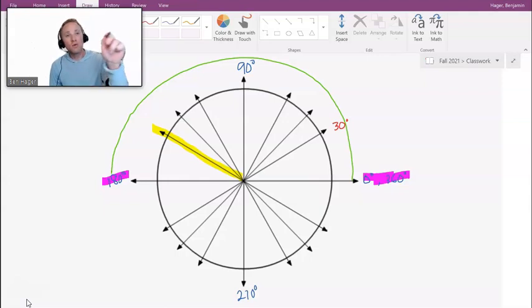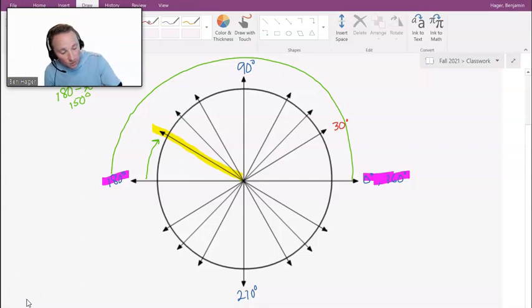So here if I go all the way to 180, I've overshot my target, haven't I? I've gone too far. So I have to give back that 30-degree reference angle. And so if we were to take 180 degrees and give back the 30 degrees I overshot, I get 150 degrees. That's the angle measurement for that angle right there, 150 degrees.